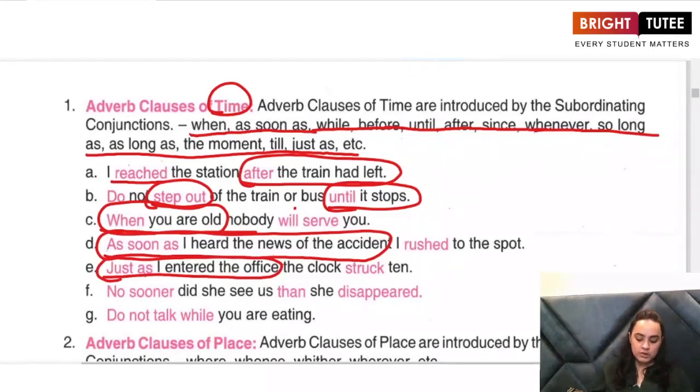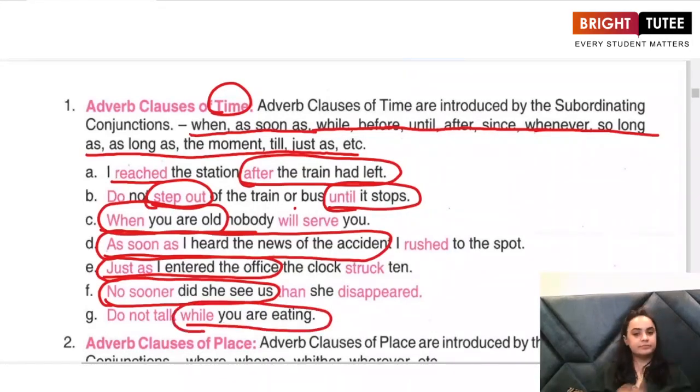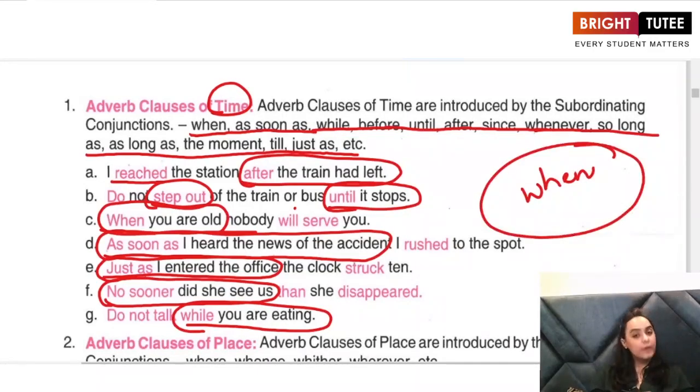No sooner did she see us than she disappeared. When did she disappear? No sooner did she see us. Next, do not talk while you are eating. When should we not talk? While you are eating. So in all the sentences that I have read out to you, since I am talking about time, I am asking the question when.